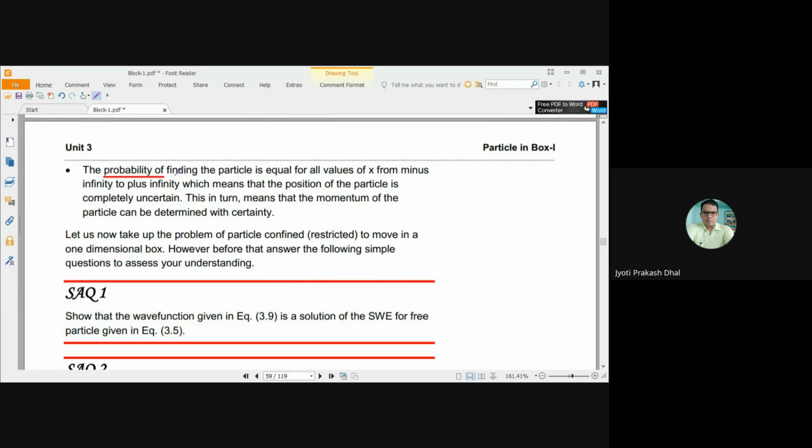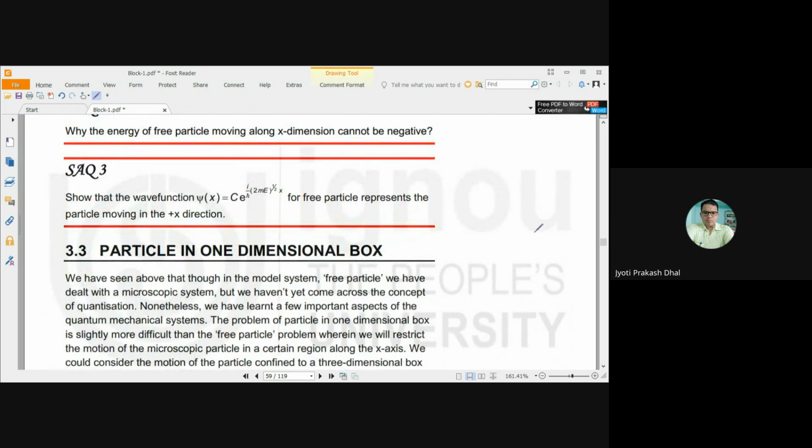The probability of finding the particle is equal for all values of x from minus infinity to plus infinity, which means that the position of the particle is completely uncertain. So this is the quantum mechanical treatment of the particle moving freely along one dimension, that is along the x-axis.